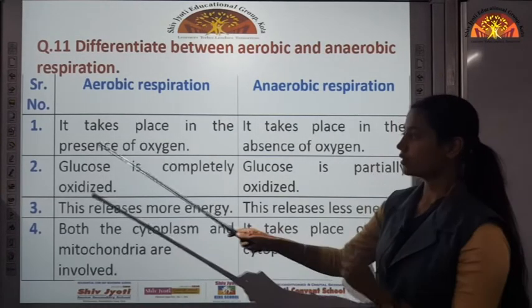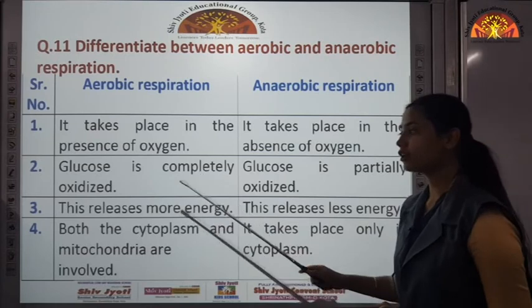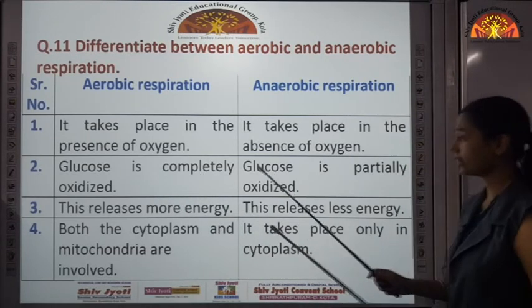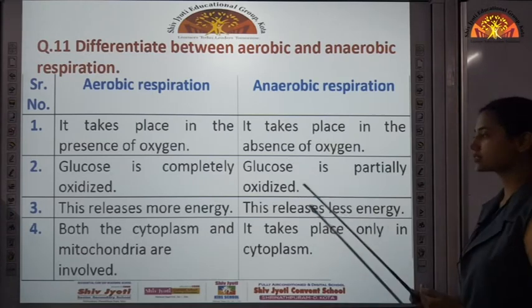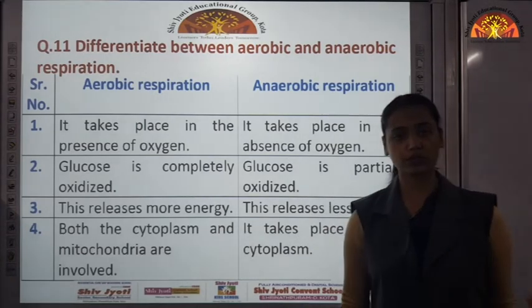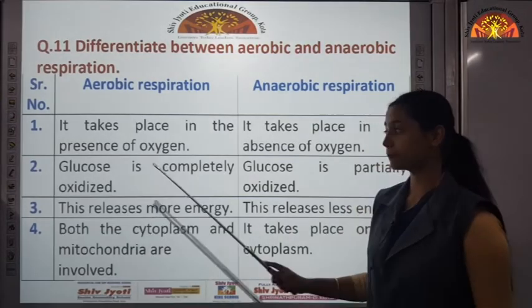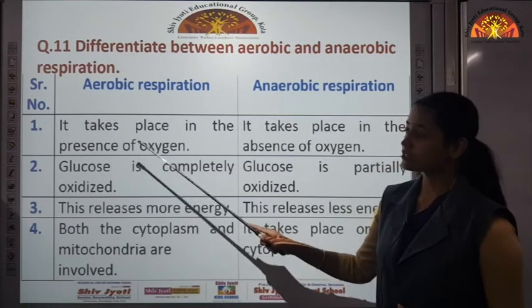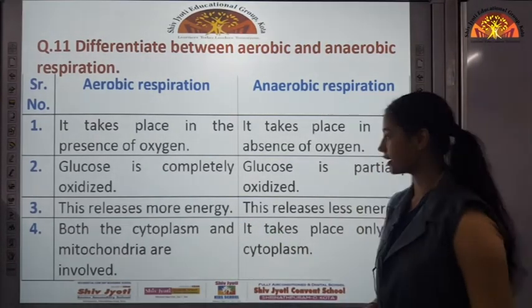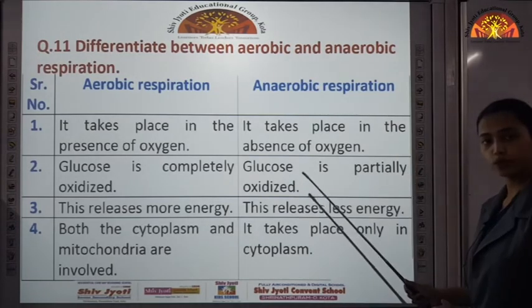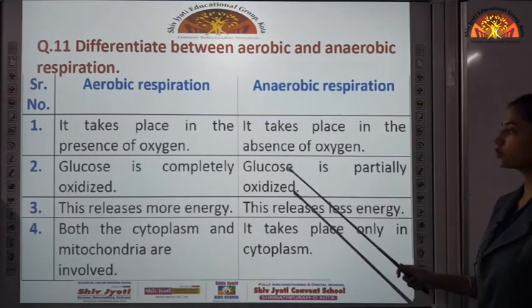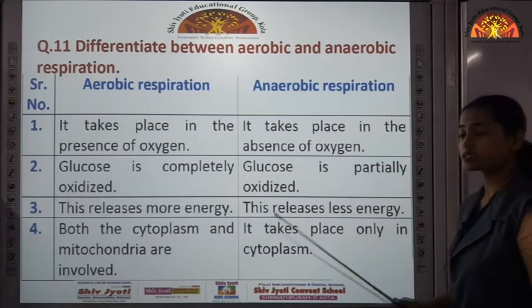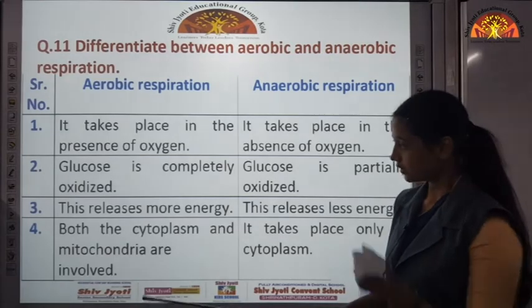In aerobic, glucose is completely oxidized, whereas in anaerobic, glucose is partially oxidized. Oxidized means the breaking down of glucose. It is completely oxidized because a sufficient supply of oxygen is there. But in case of anaerobic, oxygen is not sufficient. So that is why glucose is partially oxidized and we get different products.